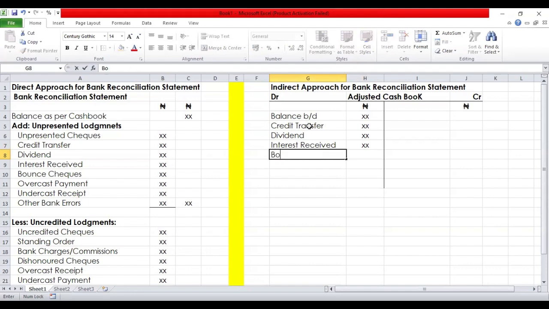Bounce check. Then here we now have overcast payment. Undercast receipts.